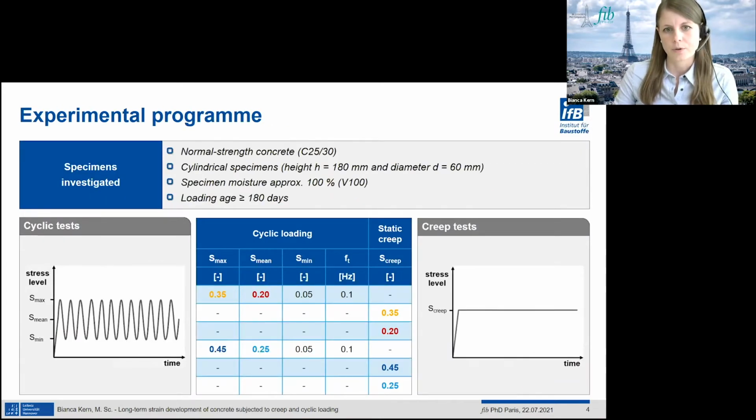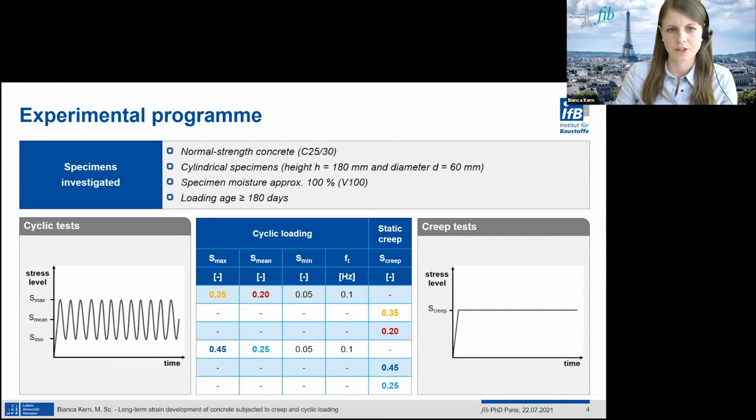The experimental program is intended to investigate the comparability of strains due to creep and cyclic loading and the applicability of the equations shown before. All investigations were carried out on a normal strength concrete. The creep and cyclic tests were conducted on cylindrical specimens with a height of 180 mm and a diameter of 60 mm.